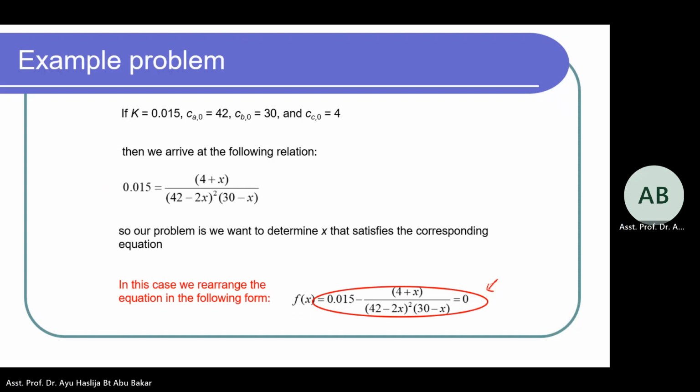It is derived from the statement to get the final equation. Now, we will be using this equation for the graphical method, bisection and false position method. For graphical, we straight away do the example.